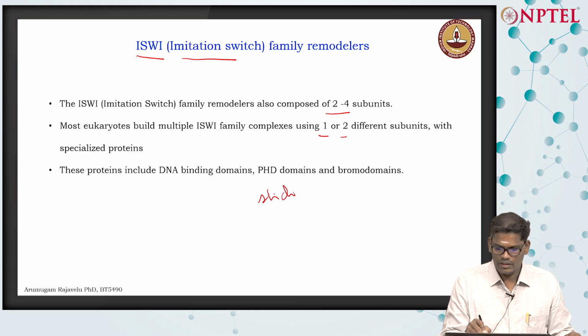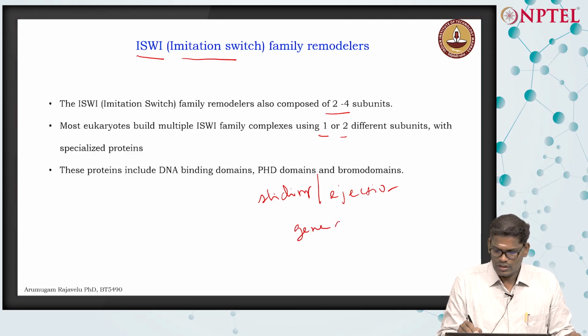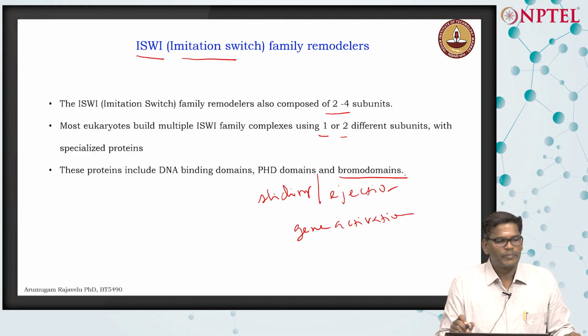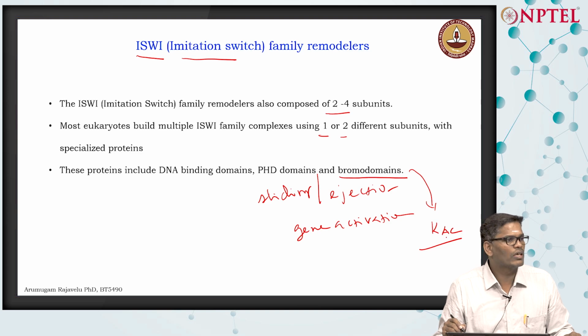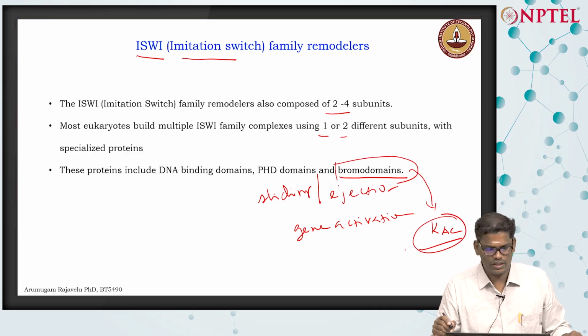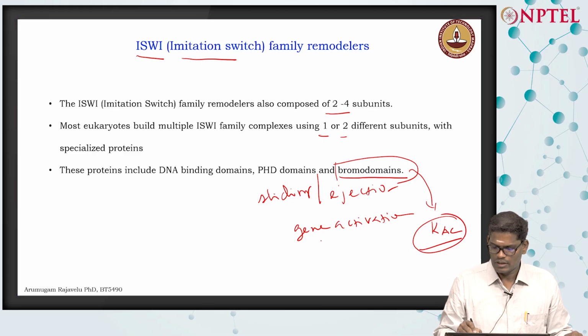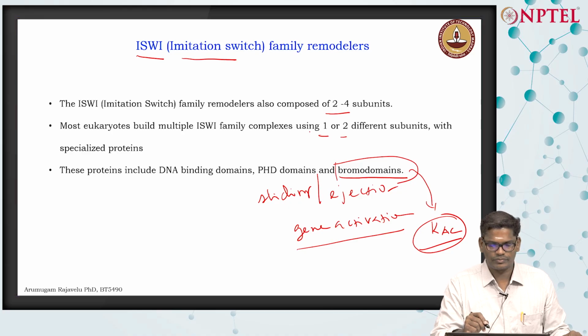This is also involved in sliding and ejections, and is also involved in gene activation, because it has bromodomains. A bromodomain is known to bind with acetylated lysines. Acetylated lysines on histones are a gene activation mark. So through these bromodomains, this will bind to them and help for gene activation and remodel the nucleosomes. So basically, the second family is also linked with gene activation, which means it performs a similar function to the first one.